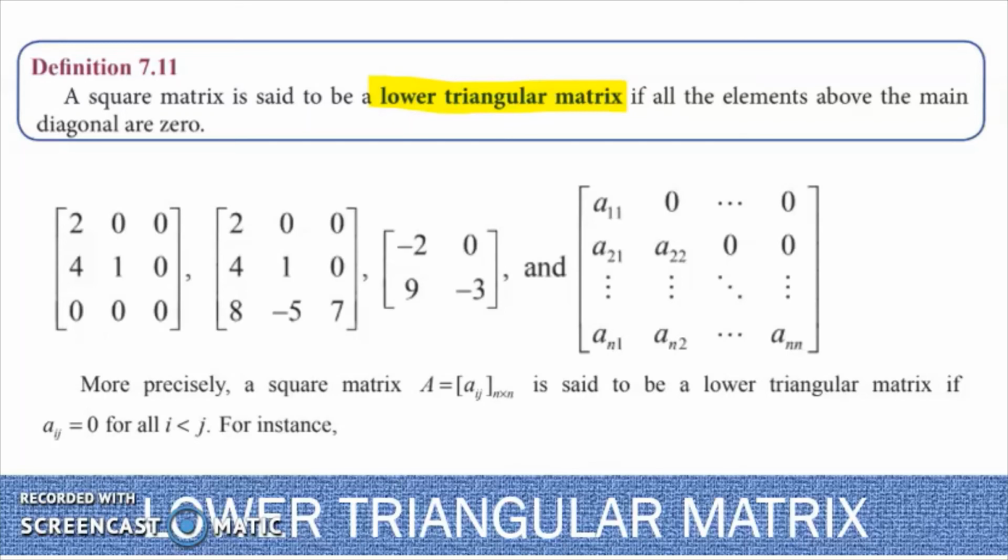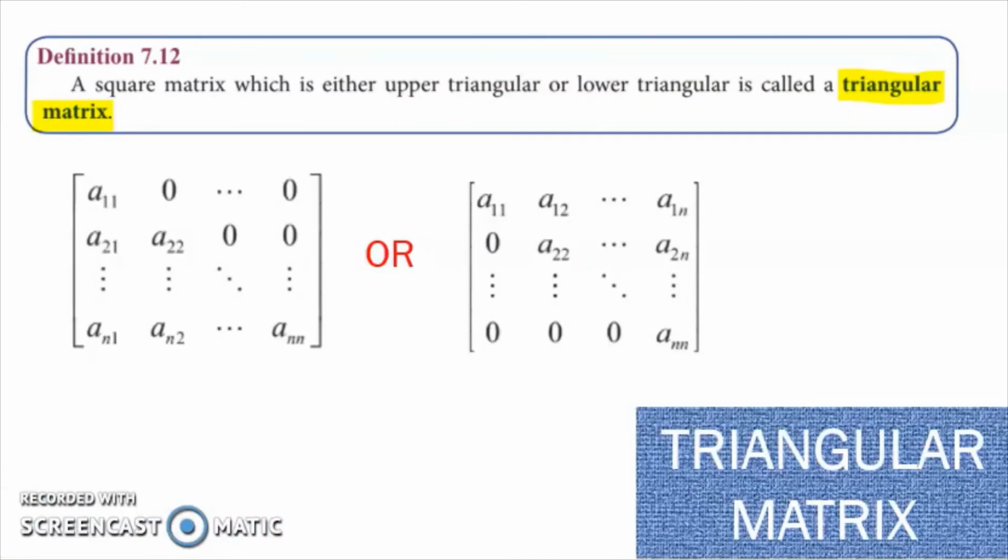So we can write that Aij will be equal to 0 if i is less than j. Triangular matrix is a matrix which is either upper triangular or lower triangular. That brings us to a short narration of all the different types of matrices.